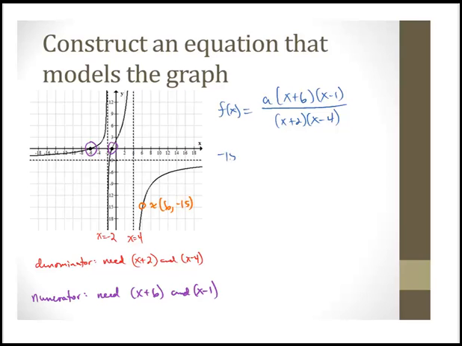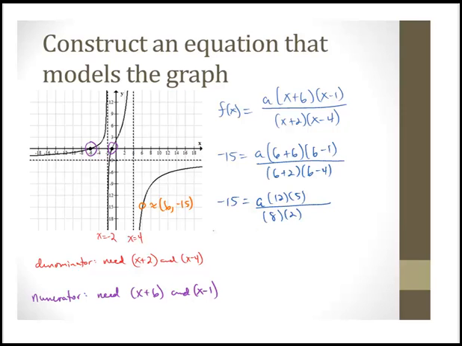Alright, so I'd have negative 15 is a by (6 plus 6) by (6 minus 1) over (6 plus 2) by (6 minus 4). So negative 15 equals a times 12 by 5 over 8 by 2. Negative 15 equals, that's a times 60 over 16.